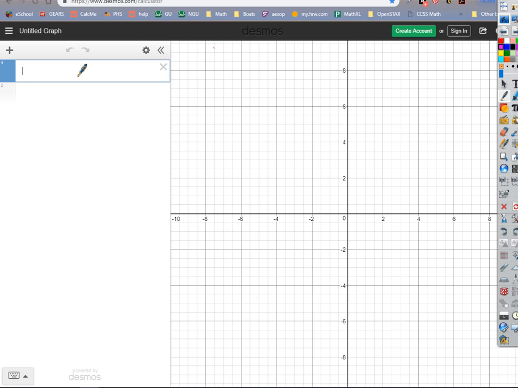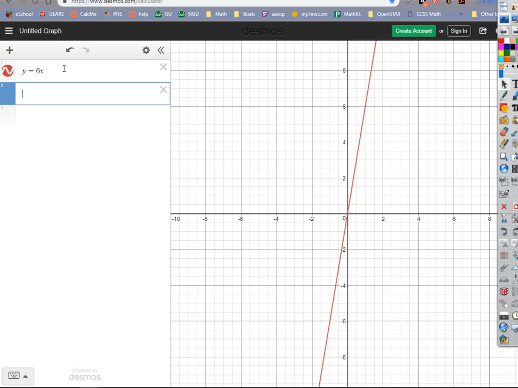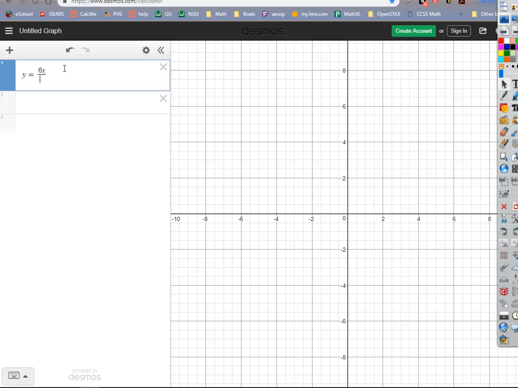If we just look at, for example, let's just make one up here. What if we just take the function, I'm just going to make one up, y equals 6x divided by 2x minus 3.